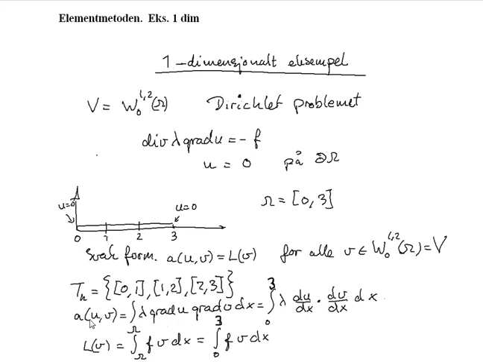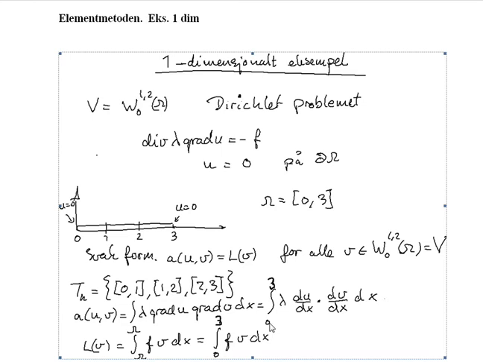First, note that the bilinear form A of u, v is given by this integral as usual, but in this case we only use the interval from 0 to 3, so omega is the interval from 0 to 3, and the integral is just replaced by an integral from 0 to 3.